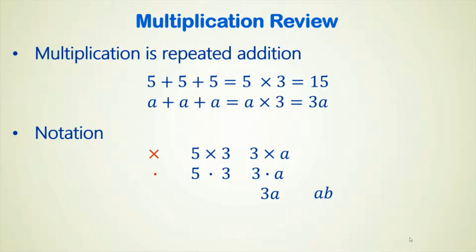Or if you have letter A represent a number and letter B representing another number, then A times B is simply AB. Okay. Now be careful that this format cannot be used on multiplying two actual numbers together. So for example, 5 times 3 cannot be written as 53. Okay. It can be easily mistaken as fifty-three.